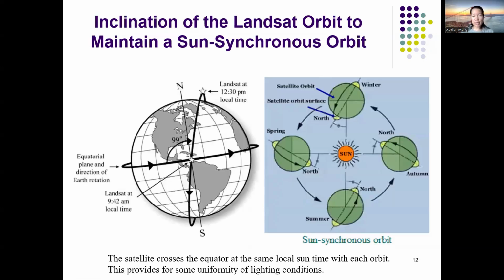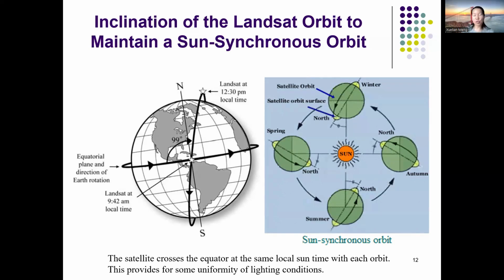And then if you look at the Landsat orbit, this is a very classic representative one that you are repeatedly seeing the same parameters from other missions. So Landsat is the representative of sun synchronous orbit. What it means is that the satellite crosses the equator at the same local sun time with each orbit. So that way, it provides a very uniform light condition.